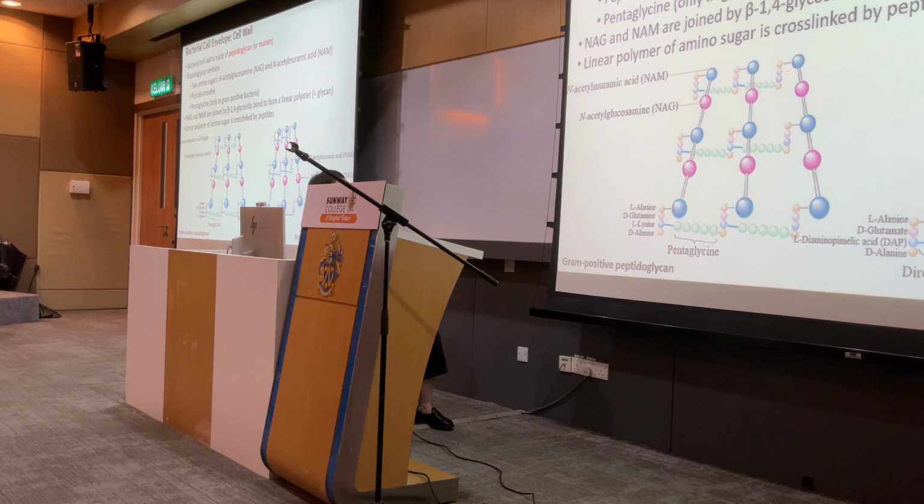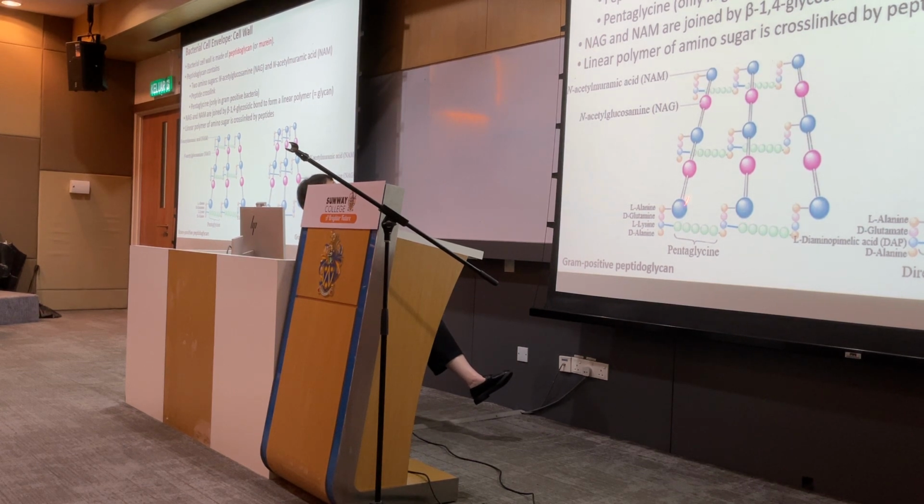They are slightly different. What are the differences? First of all, they are exactly the same in the NAM and NAG. The orientation is one NAM, one NAG, and so on like this. Now, you are making this amino sugar chain, but it is a single chain. There is no network forming to the next polymer.